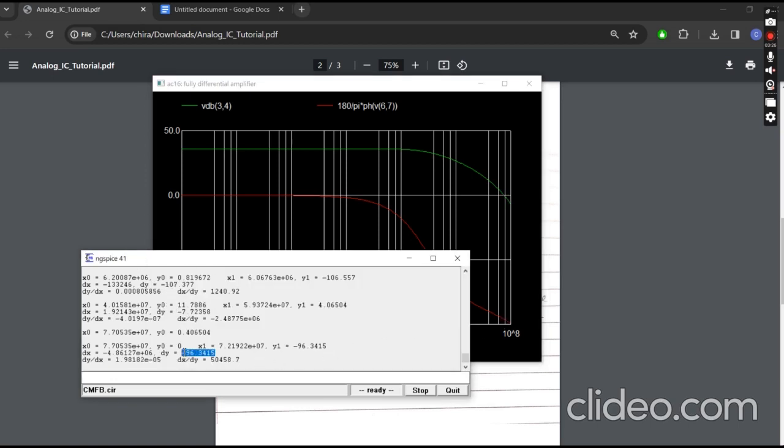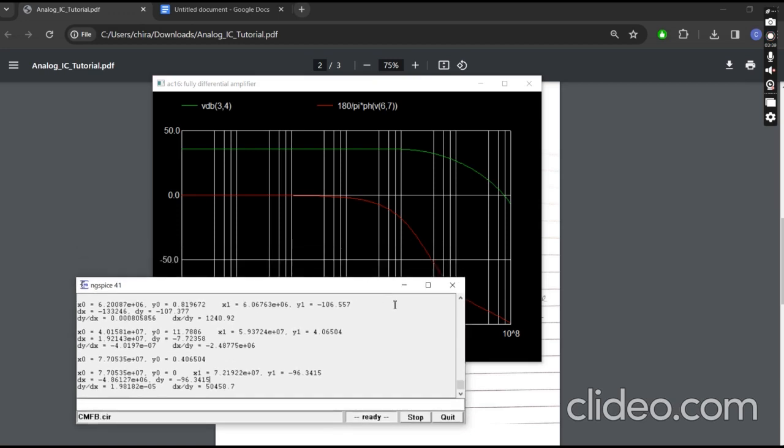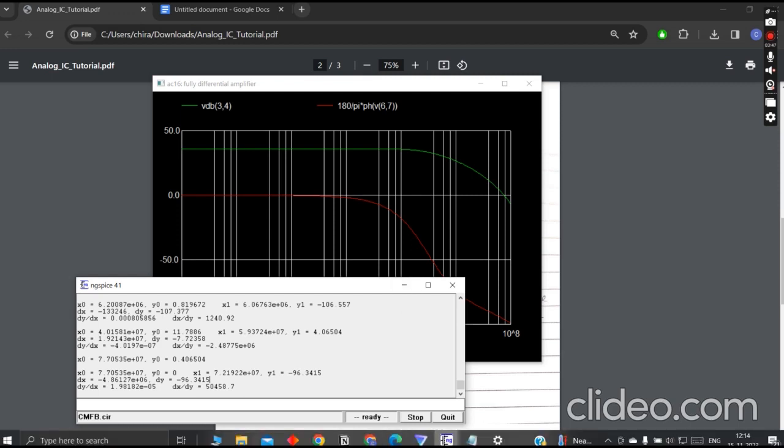Yeah, you can see here it's 96. 96 megahertz is not what we wanted. We wanted 100 megahertz. After attaching the load, we can see this change in unity gain bandwidth, and also there's an introduction of a new pole, even though there was Miller compensation.